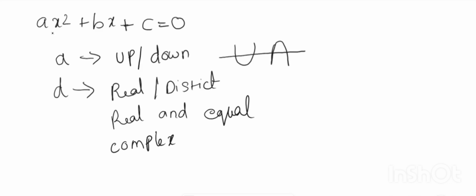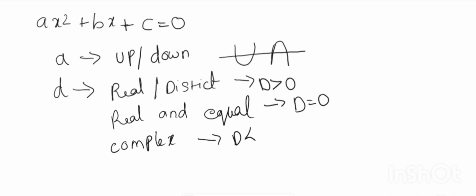For real roots, D is greater than or equal to 0, and for equal roots D is equal to 0, and for complex, D is less than 0. It's not just or, we can say real and distinct, D is greater than 0. Real and equal, D is equal to 0. For complex, D is less than 0.